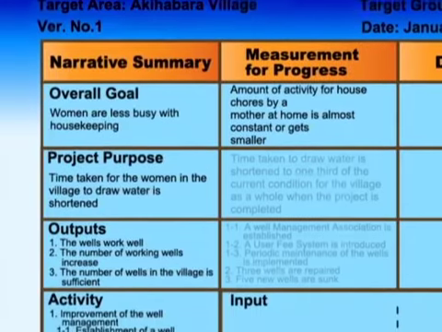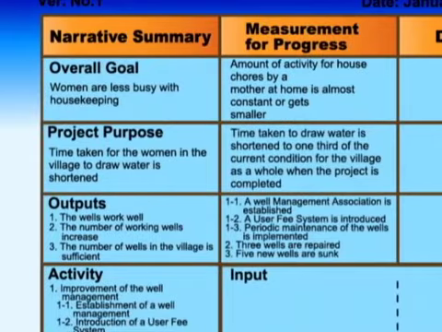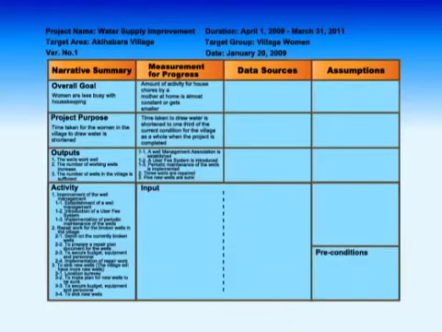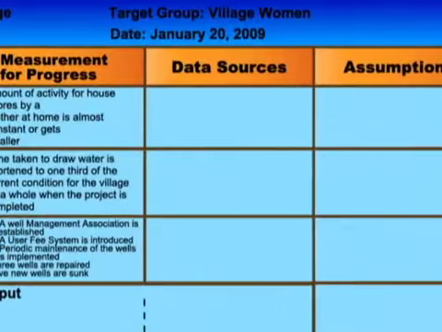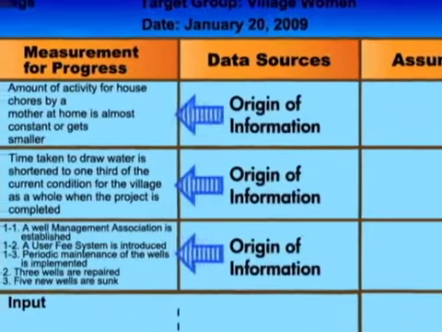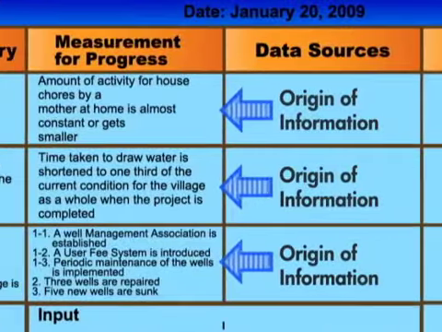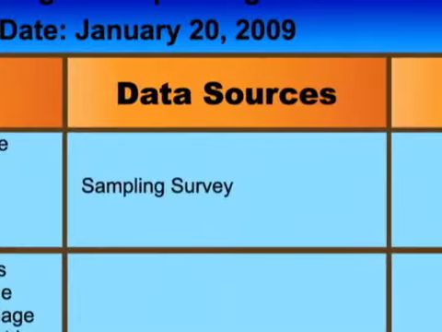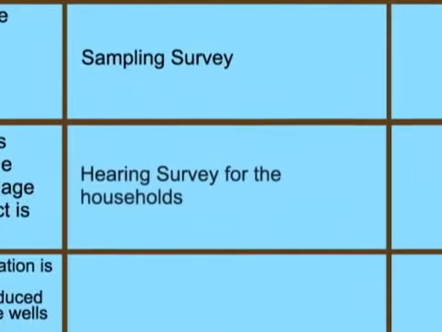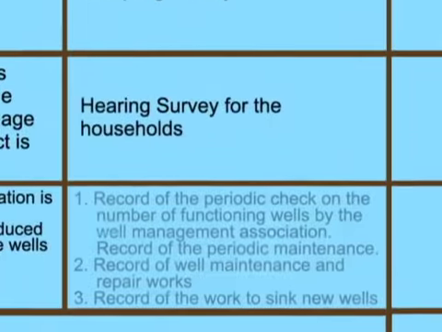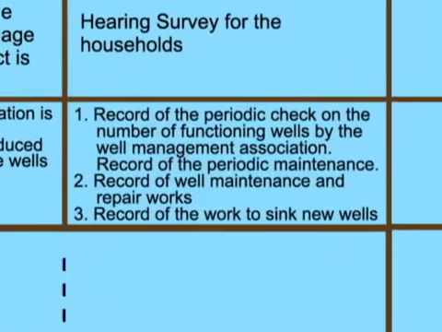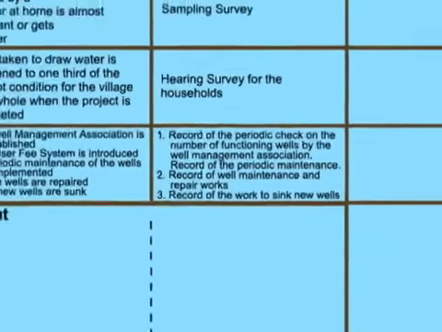Such indicators are also written for the project purpose and the outputs. The cells in the third row are for data sources, which should have the origin of information for measurement for progress, such as a sampling survey report, a villager's interview survey report, a report on the results of actual counting on the site, and so on.